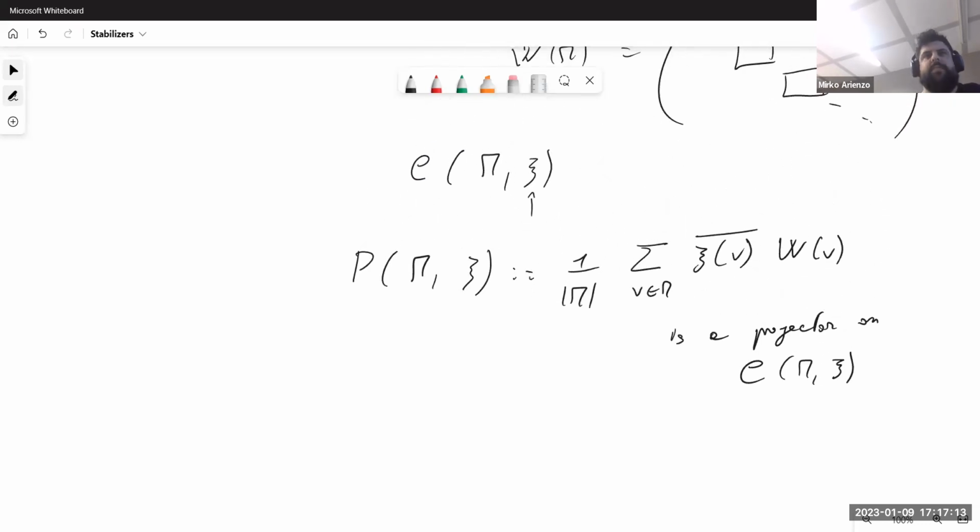So if we want to know the dimension of C, it is just the trace of this projector.